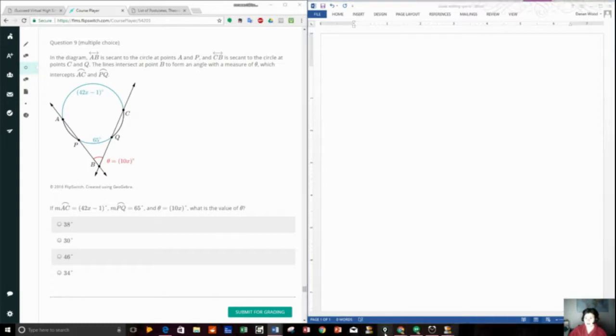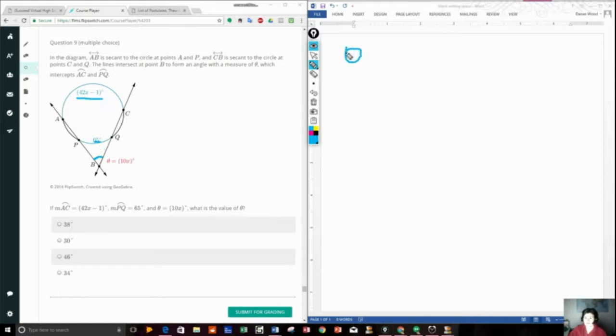Okay, well, there's a few things that we know. We know that the angle that is given, theta, is the difference between its two arcs divided by 2.